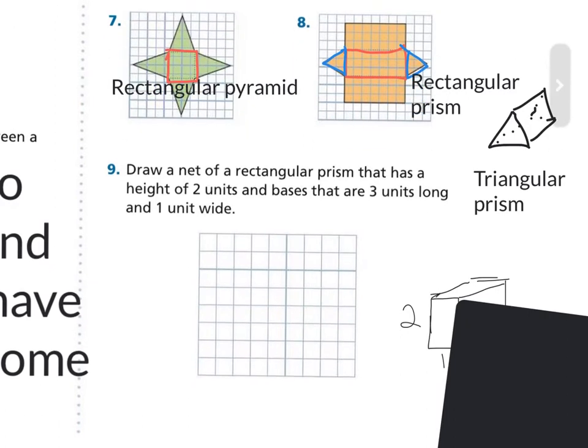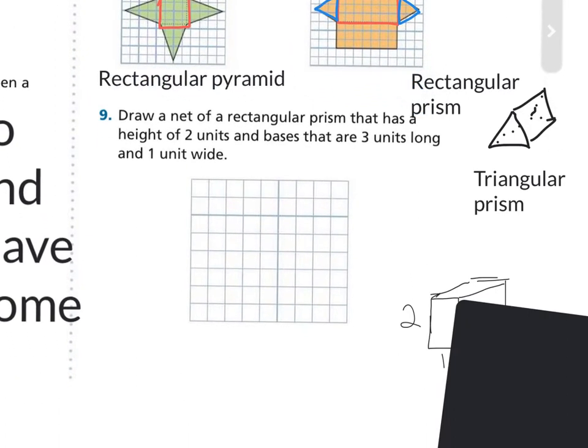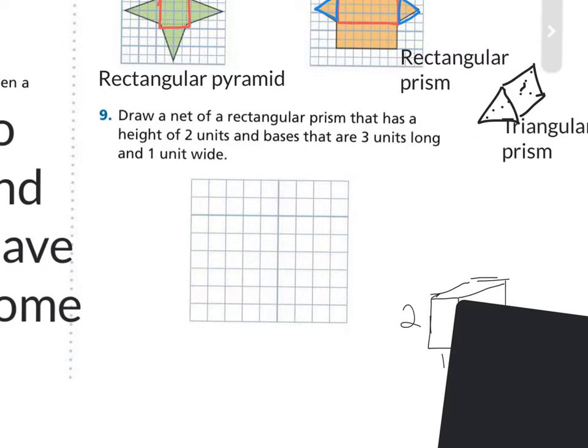Number 9 asks us to draw a net of a rectangular prism that has a height of 2 units and bases that are 3 units long and 1 unit wide. So a rectangular prism is going to be like that cross-shaped net that we've been talking about. Height of 2 units, and then the bases are 3 units long and 1 unit wide.